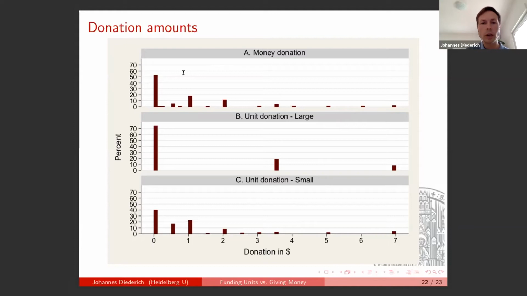In the pure money donation treatment, where people can give any amount they like, you have these local modes, which you would also expect, right? People think about, well, do I give nothing, or do I give $1, $2, $3, something like this.